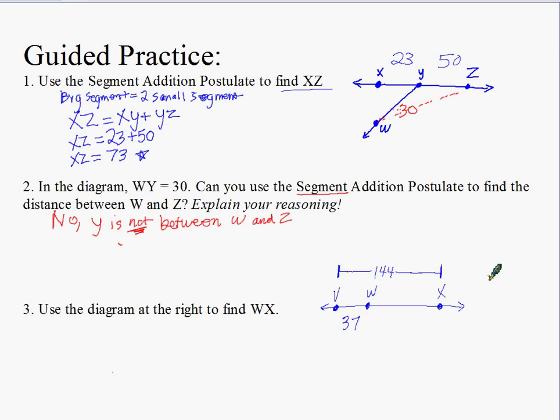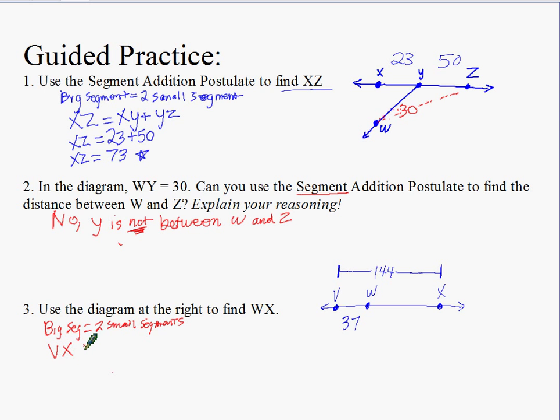Okay, number 3. This might be easy to some students, hard to others. Let's think about big segment is equal to 2 small segments. The big segment right here would be VX.